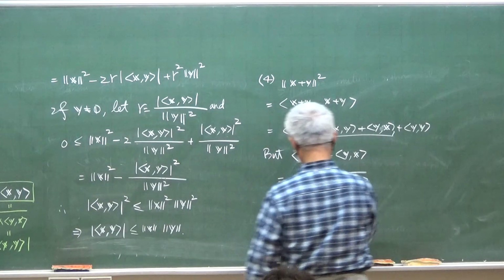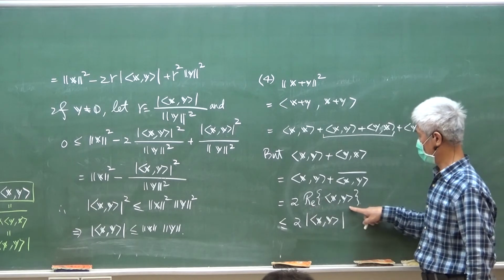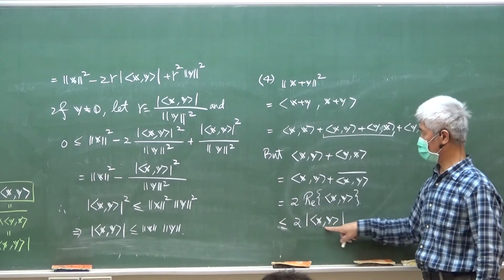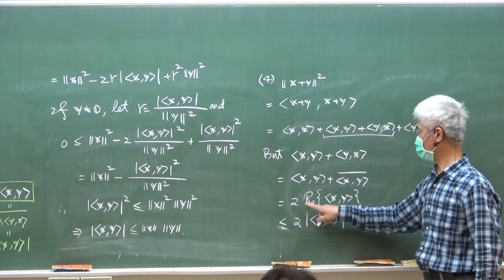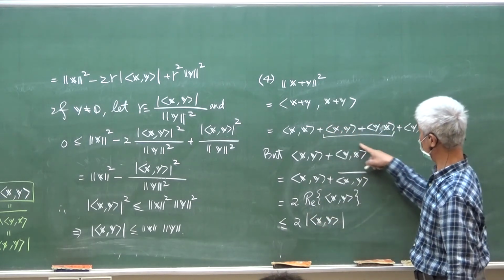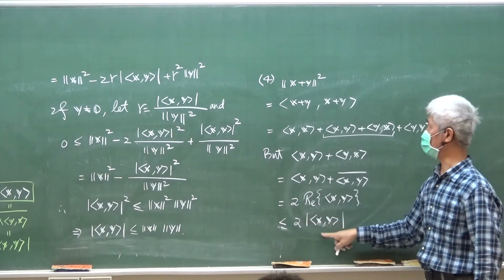Anyway, so the real part is upper bounded by the absolute value of the complex number itself. Okay, so we know the middle two terms have an upper bound.